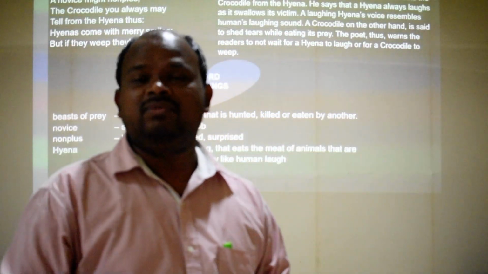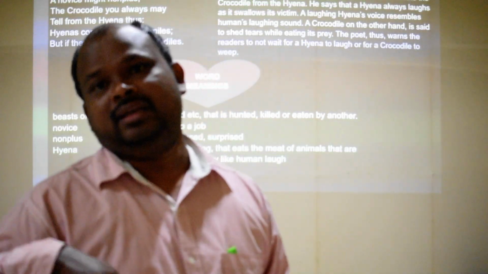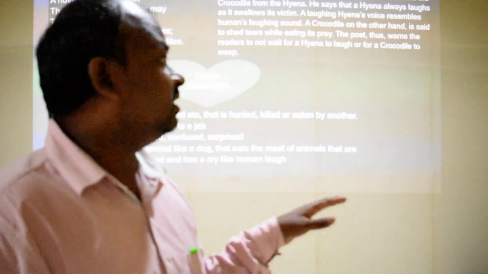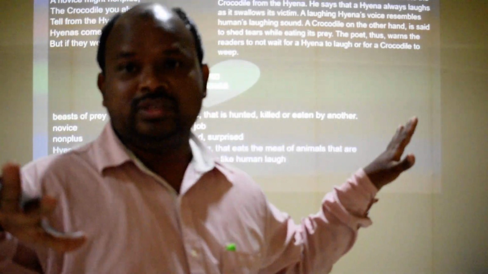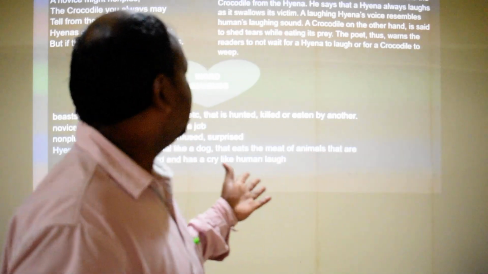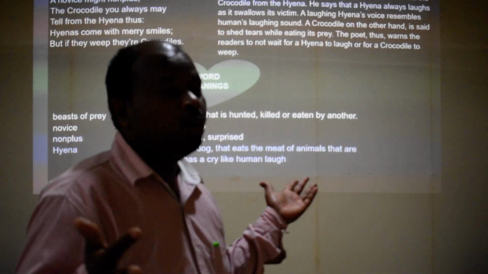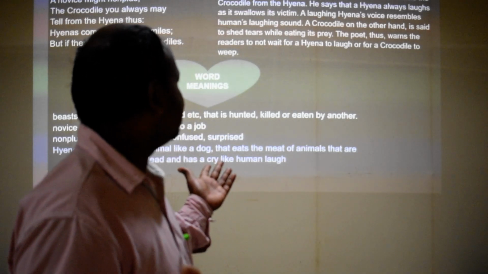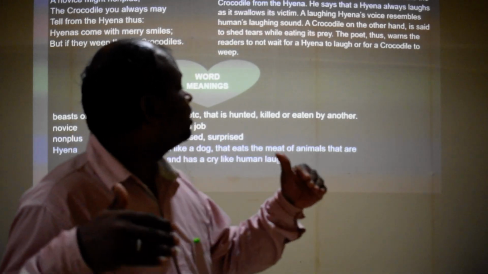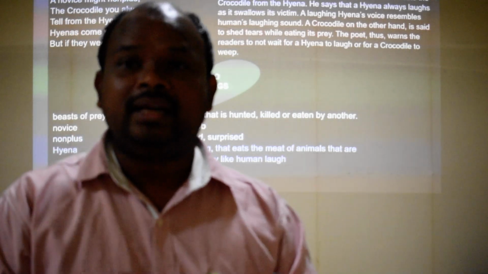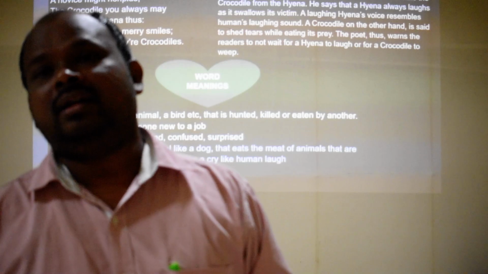If you are well versed, or have more experience visiting the zoos or studying, then we may identify. But most of us, as novices, as beginners, may not know the animals and are confused, and thus might not be able to distinguish between different wild animals, my dear students. Hence, the poet helps to differentiate the crocodile from the hyena. Here he is comparing two things: how to identify a crocodile and a hyena.